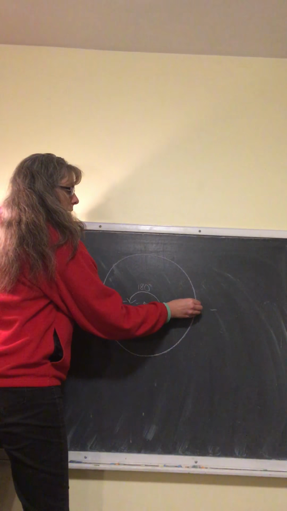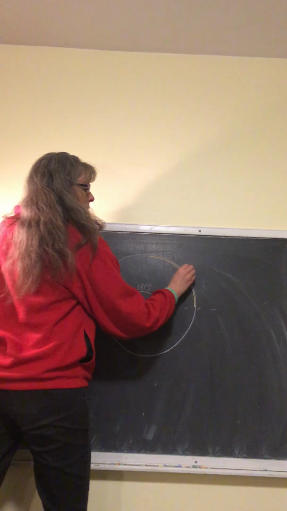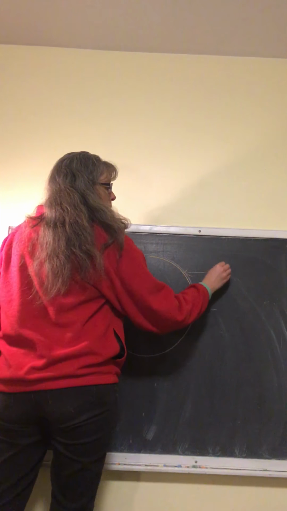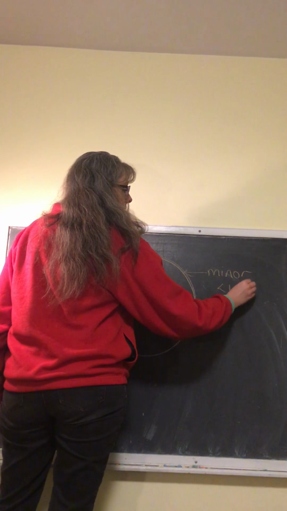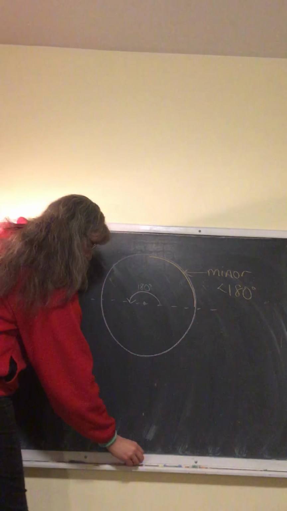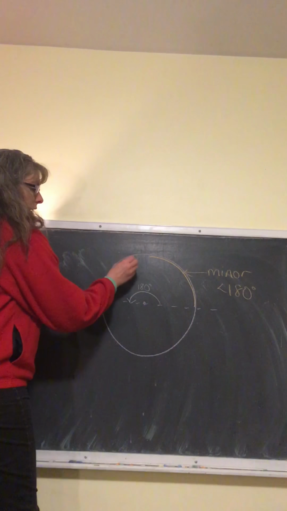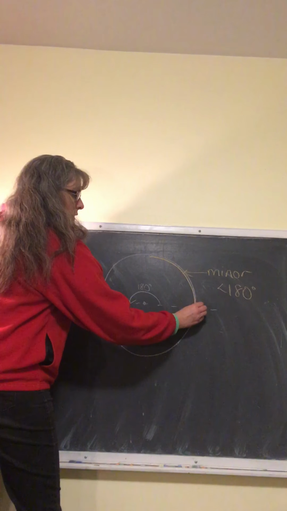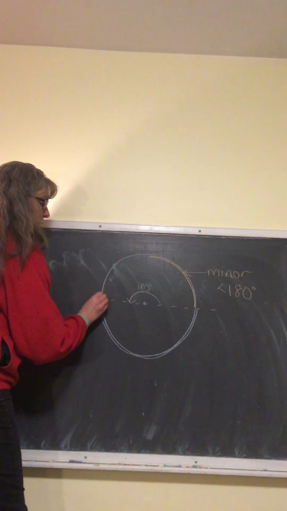Something like this orange line here would be a minor arc. It is less than 180 degrees. If we have an arc that measures more than 180 degrees, say we start at this location and we go past the semicircle over here.